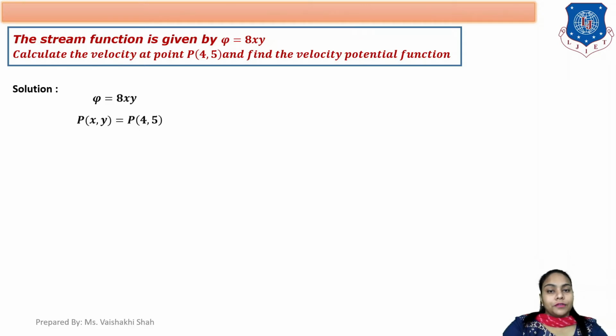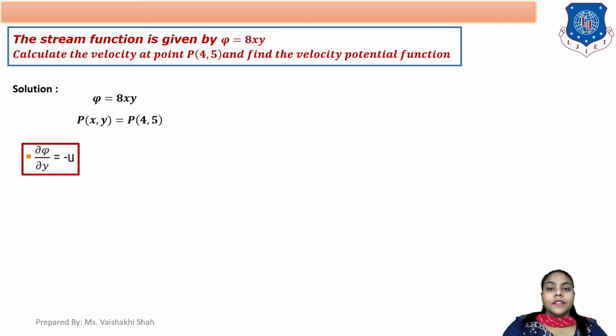So, x equals to 4 and y equals to 5. Here we have to find out velocity potential function phi by using equation of psi. Remember that here we have to find out phi by using psi. How? So, let's start the example.